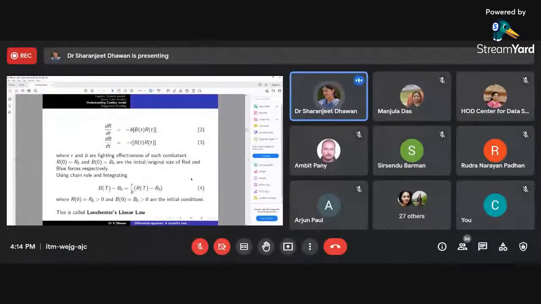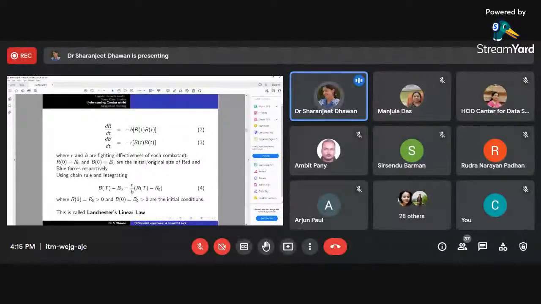Suppose red and blue forces are engaged in combat, represented by capital R and capital B, and small t represents time. Both forces use unaimed fire and targets remain constant, and we can write the corresponding mathematical model given by these two equations, assuming the death rates are proportional to the product of the sizes of the two armies.